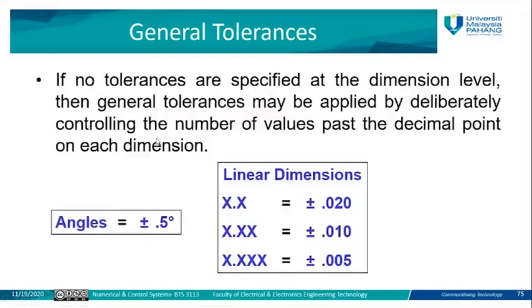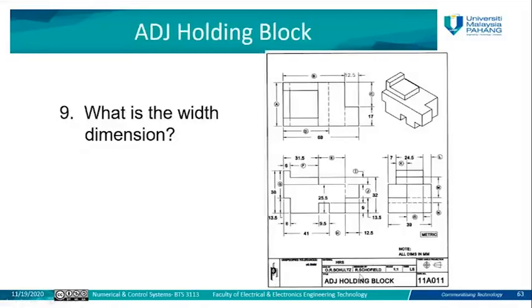Sometimes they put it in the figure. If you remember, in the last lecture, sometimes they write the tolerance in this block here. You can see tolerance plus minus 0.5 millimeter. That means plus minus 0.5 millimeter is applicable for all dimensions here, so we call it general.